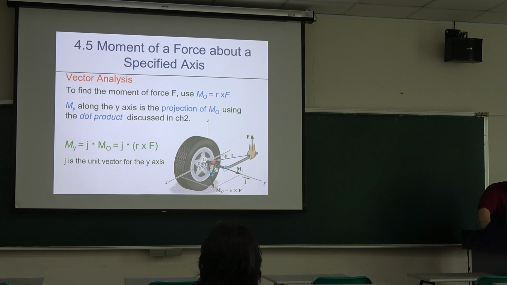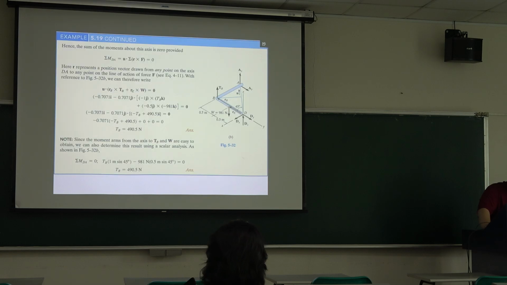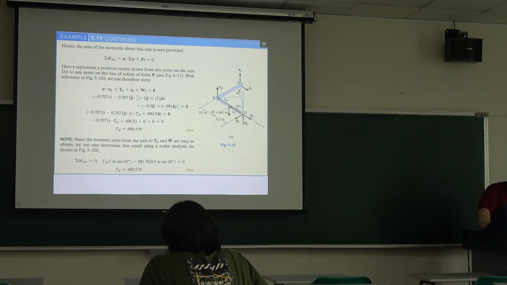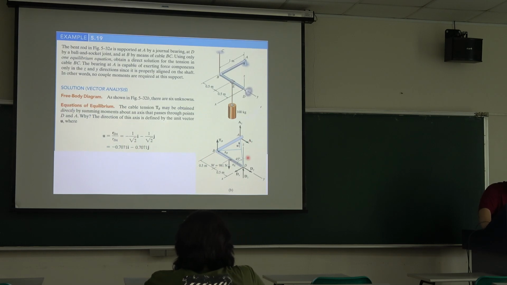Okay, so we can easily get the moment in y. So we can calculate the position vector first. Okay, so from D to A, this is the vector or unit vector.